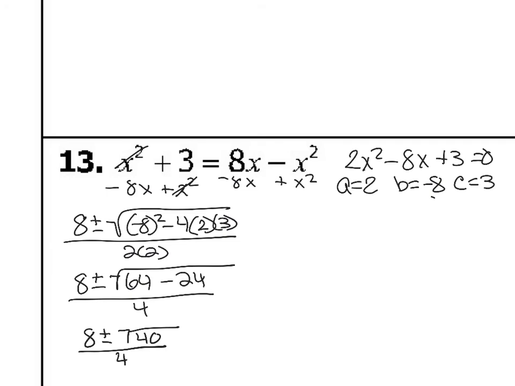Well, we know 40 is 4 times 10, right? 4 is a perfect square. So that 2 can come out, 10 stays home. So we would have 8 plus or minus 2 square root of 10 over 4.